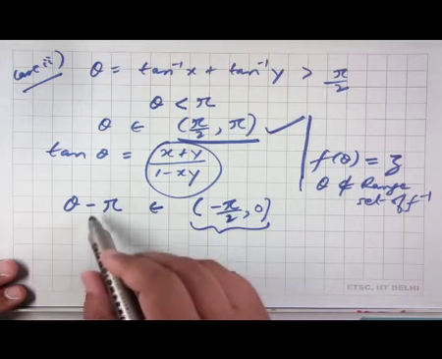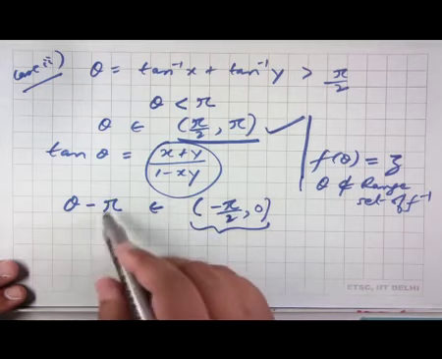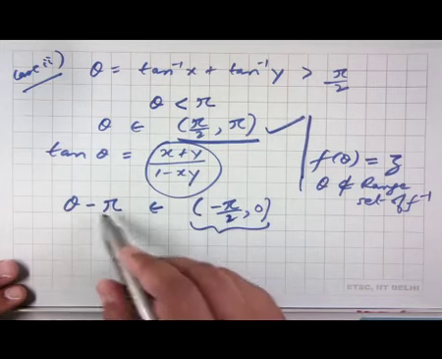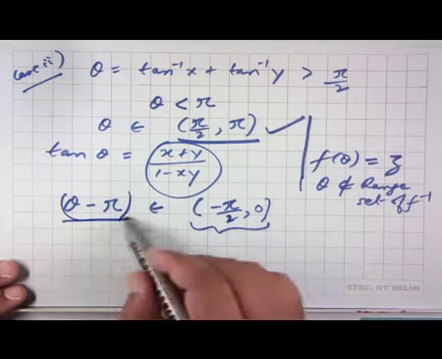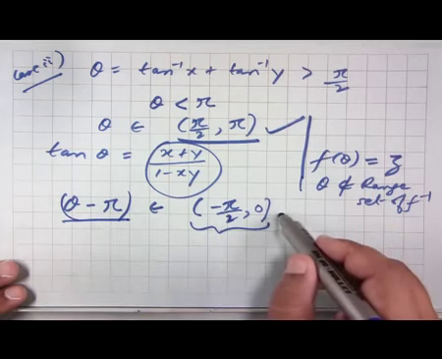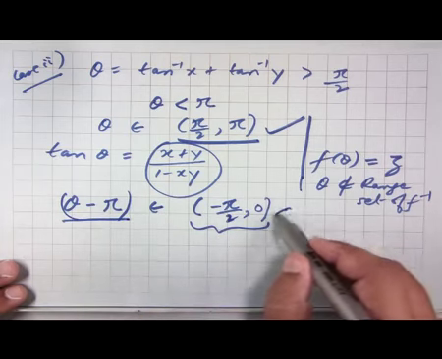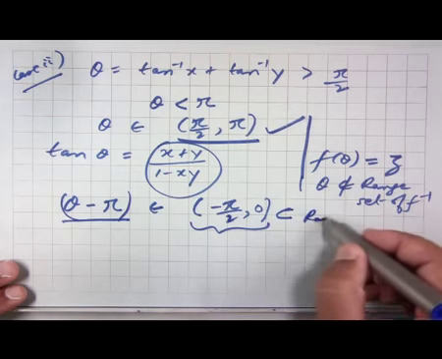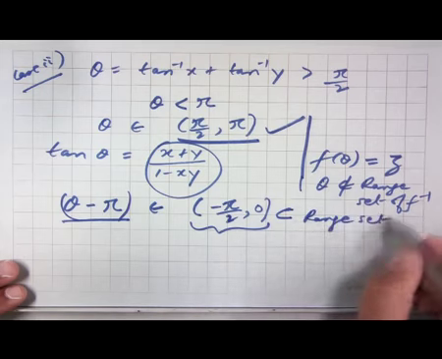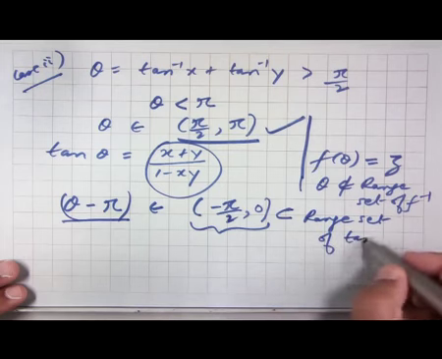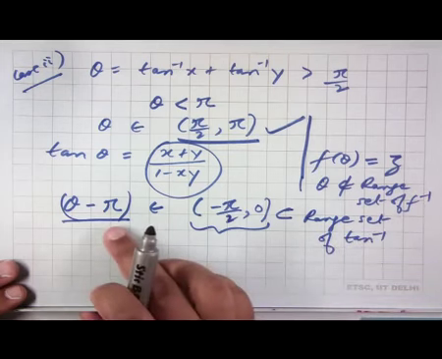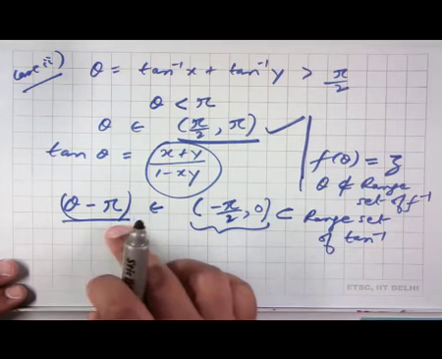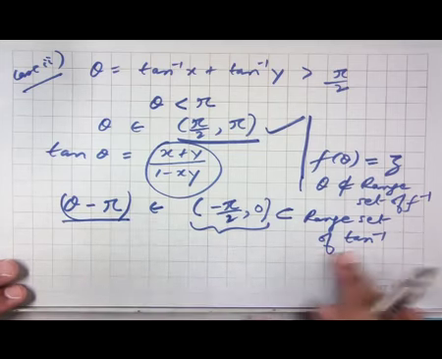The reason for subtracting pi from this theta is twofold. The first reason is that I get a new angle theta minus pi which belongs to the range set of tan inverse.